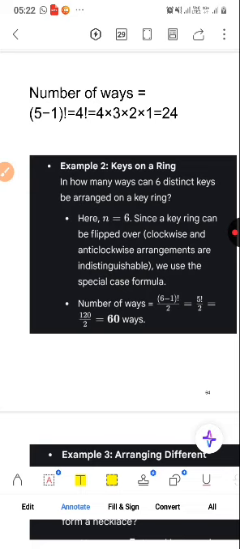It could be clockwise or counterclockwise. It still comes to the same place. Since we can't differentiate whichever way we went to get to that position, it means that that is not a typical example of circular permutation. It's a special case or a different type of circular permutation. We need to understand this.